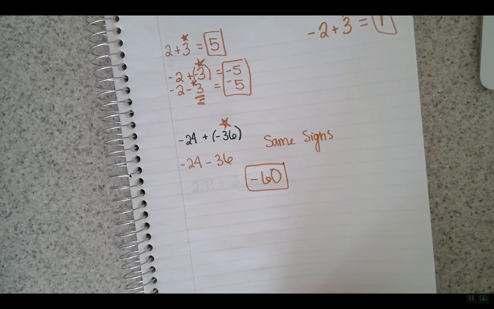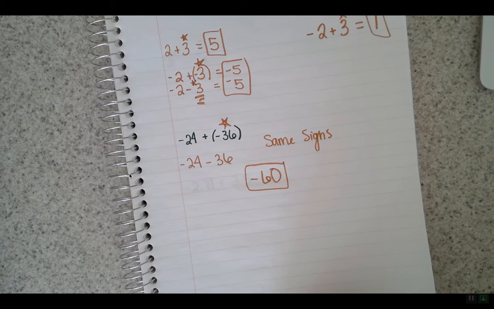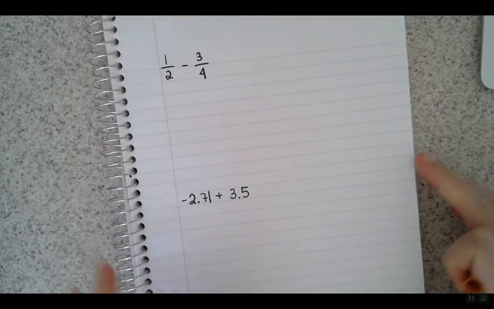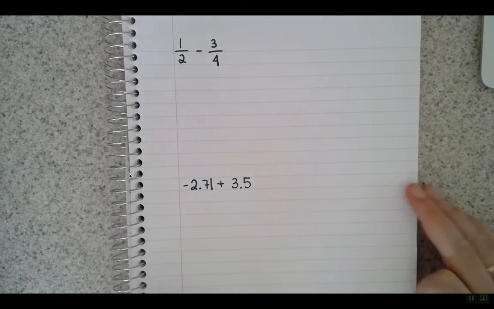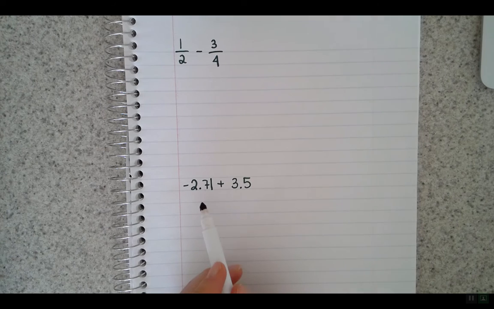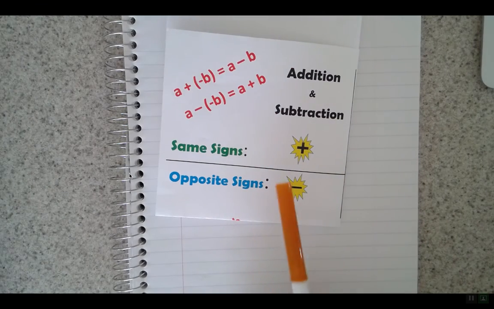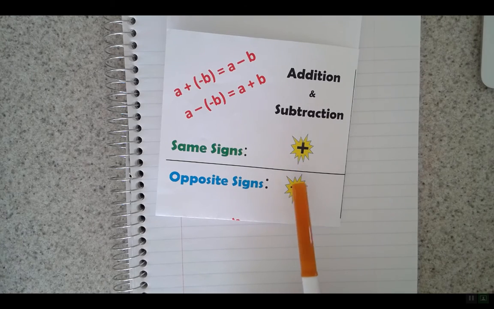Today on your homework, you're also going to see problems involving fractions and decimals, like these examples. 1/2 minus 3/4, and then example 2, negative 2.71 plus 3.5. Now don't be intimidated. We're going to use these same exact rules even though we're now dealing with fractions and decimals.